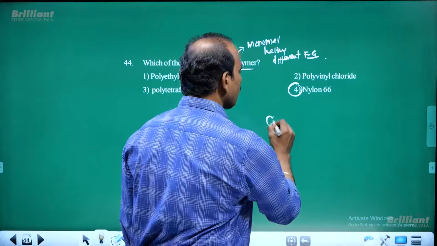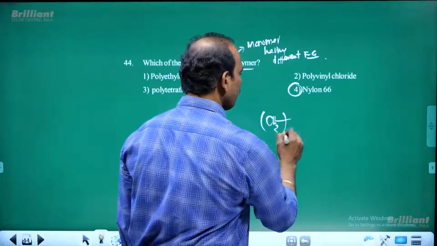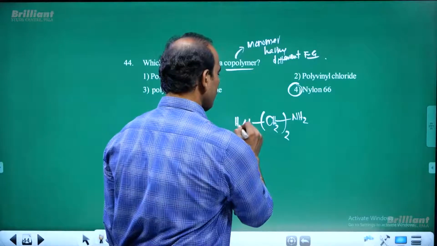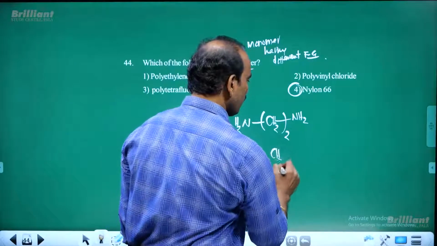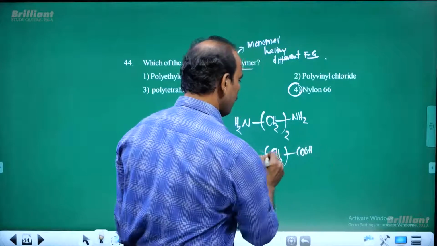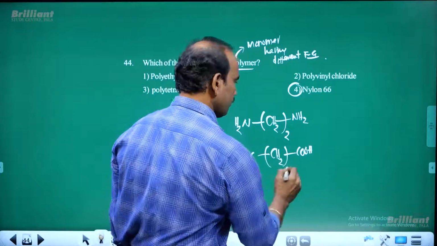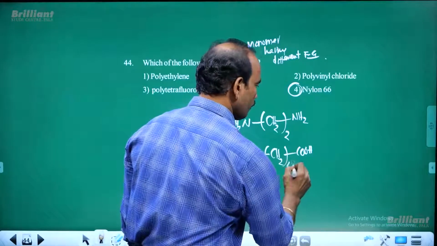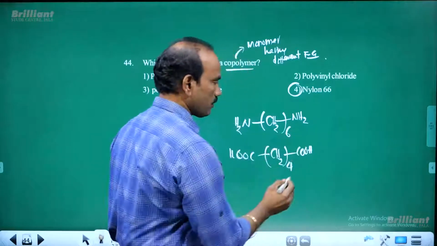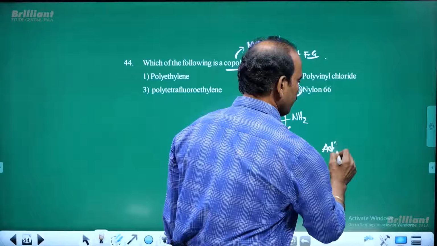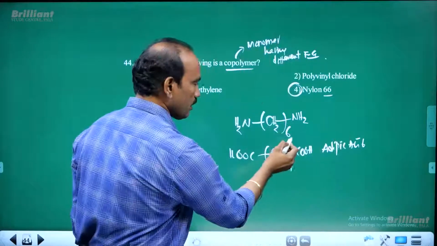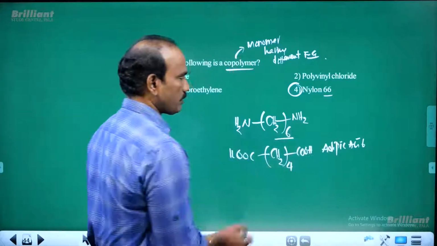Nylon 6,6 is nothing but hexamethylene diamine and adipic acid. That's 6,6 means here 6 carbons, here 6 carbons. Okay?